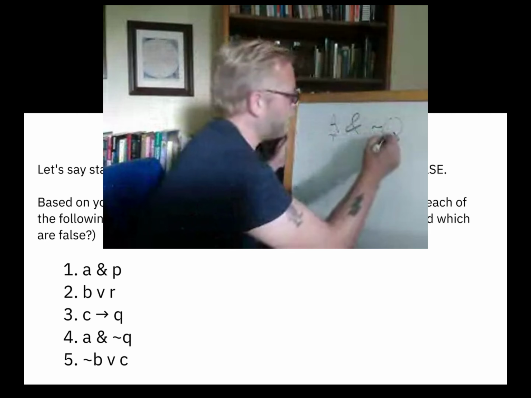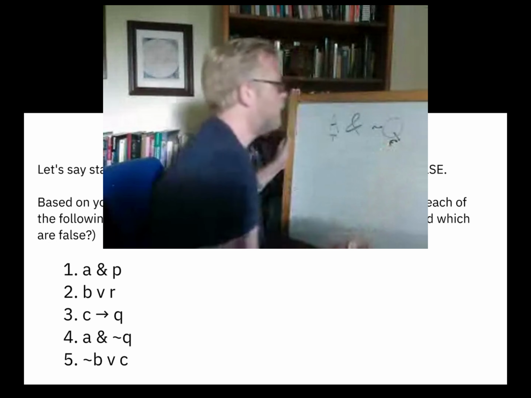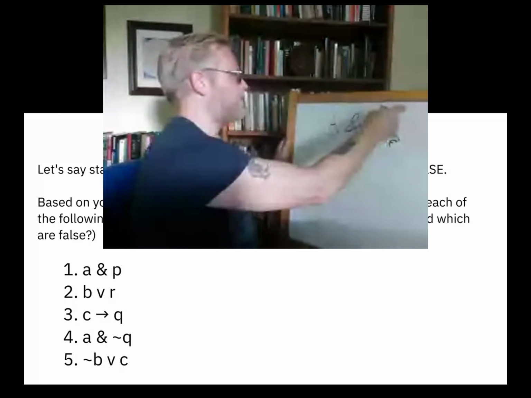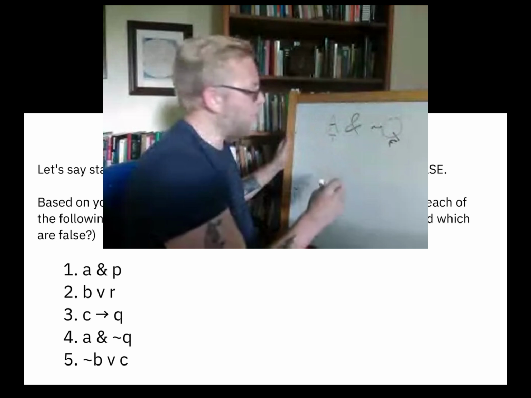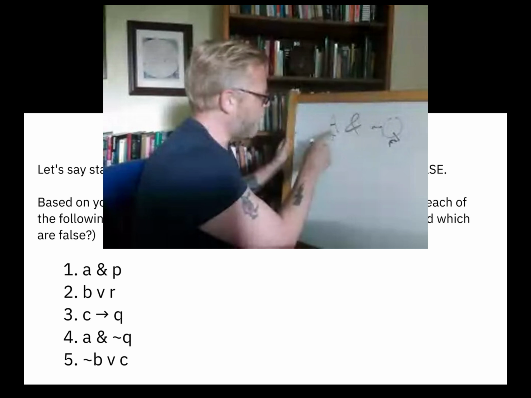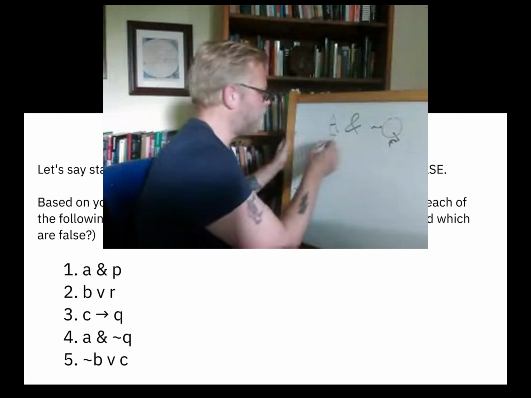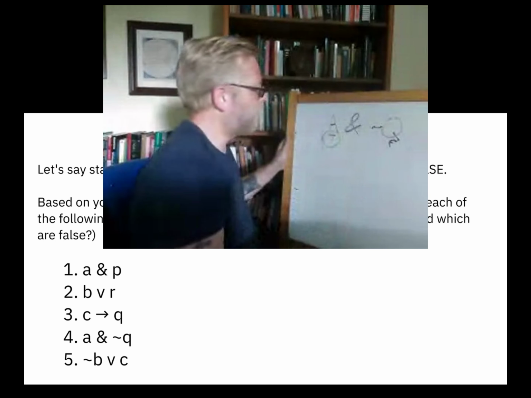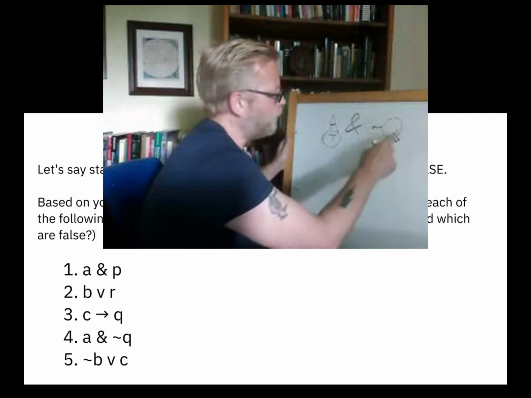Okay, so we put a little false underneath the Q. Now we need to ask ourselves, is this whole statement true or false? Well, we don't quite yet know, right? We've determined the truth value of this conjunct, right? That's T, true. But this conjunct we haven't figured out yet, because all we know is that Q is false.